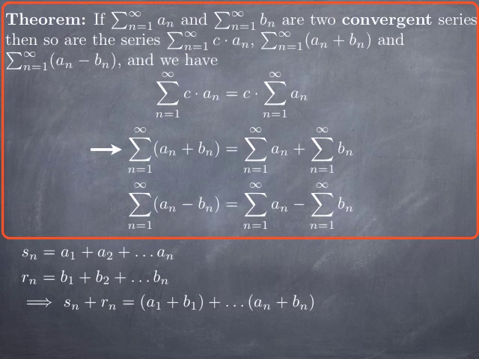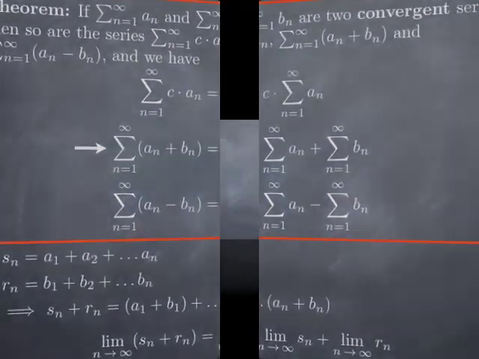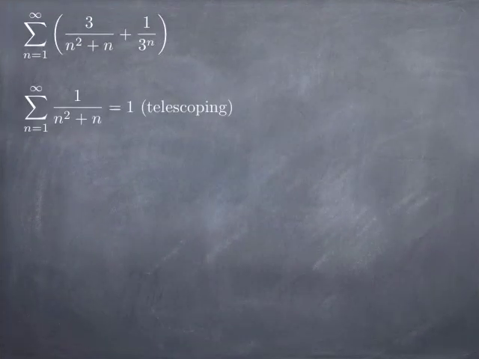And so what we obtain is the partial sum for the new series of general term AN plus BN. But now we have seen that if we have two convergent sequences, then the limit of the new sequence formed by adding the terms of corresponding index is the sum of the limits. This is something that we have seen on sequences. So here the limit of the partial sums for the new series is the sum of the limits of the partial sums.